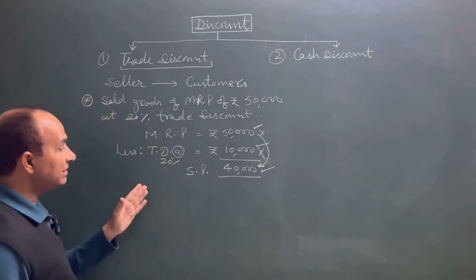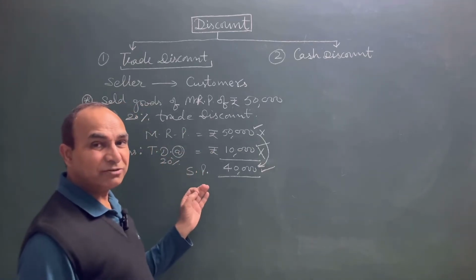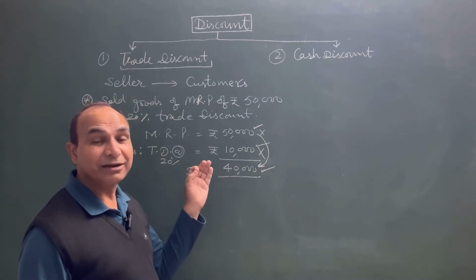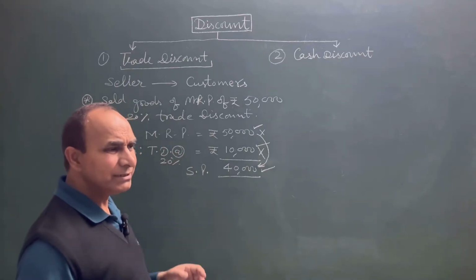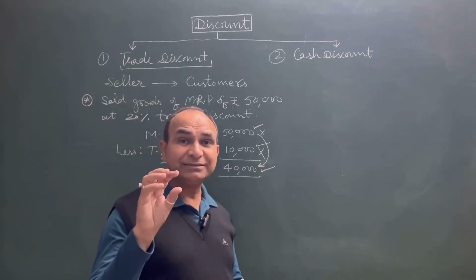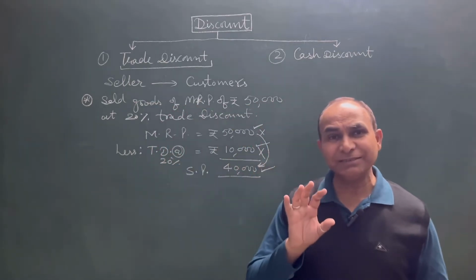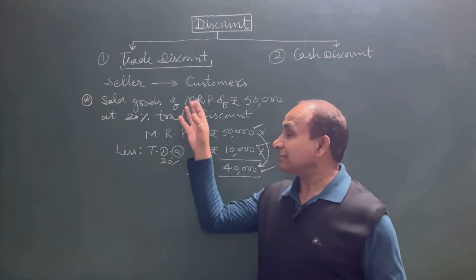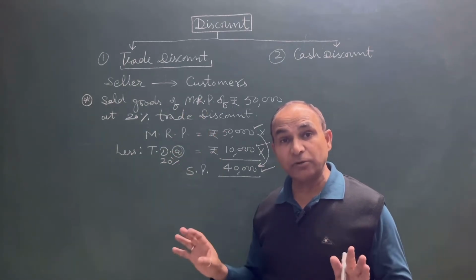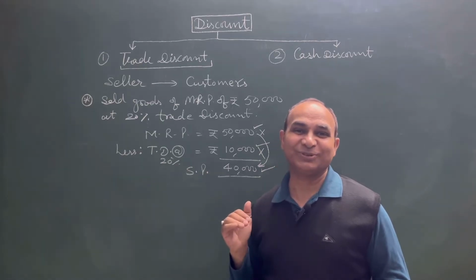Like in this transaction, the journal entry will be cash account debit to sales account. So students, this is a trade discount. Now I think you are getting this point, that this discount is allowed to attract the customers only.